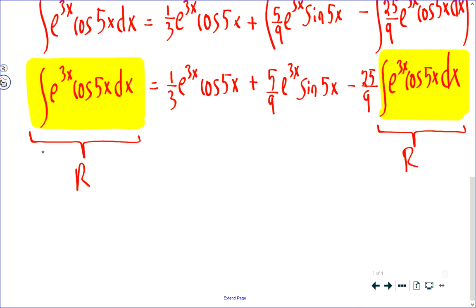So what we end up having is 1R on the left and negative 25/9 R on the right, which means if I add 25/9 of that to the other side, this is how many of those integrals, which is R, I'm going to get.